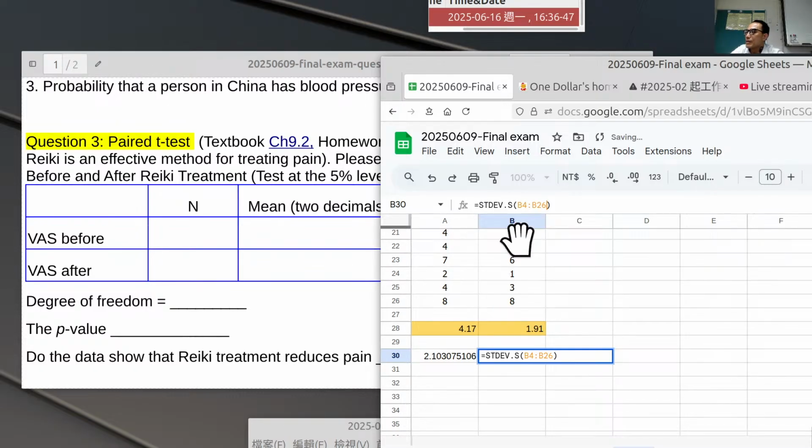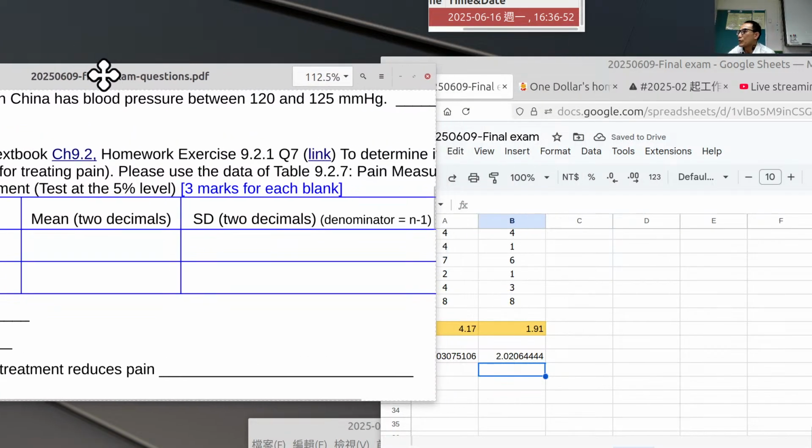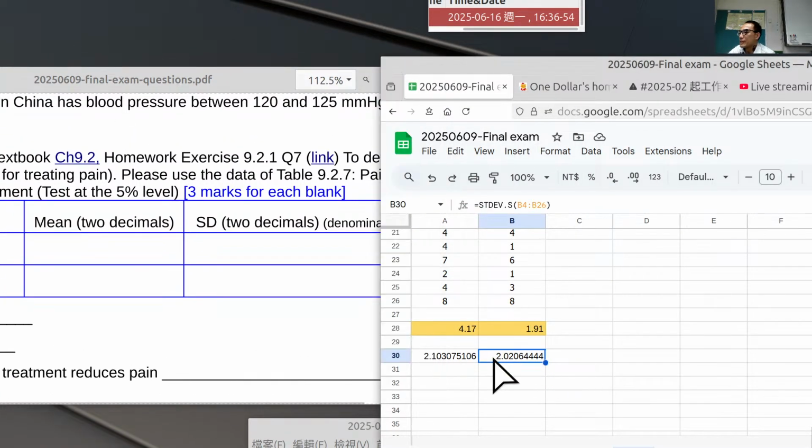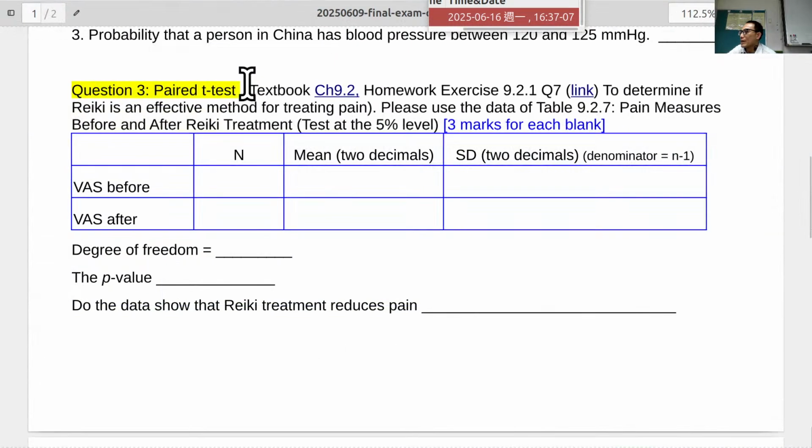Okay, so the second question, standard deviation to two decimals, that is 2.02 before, and 2.10 after.